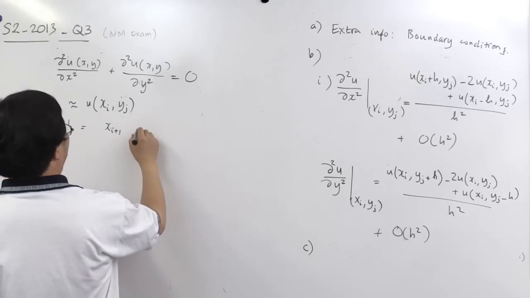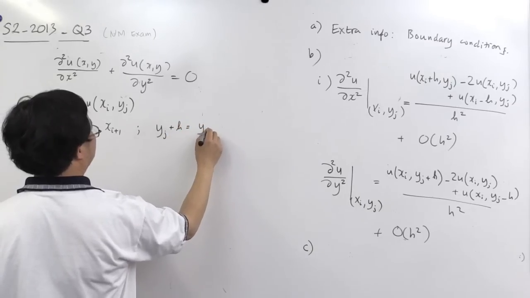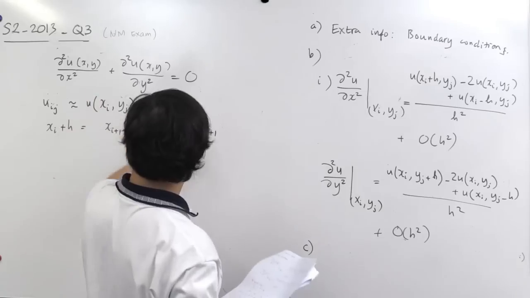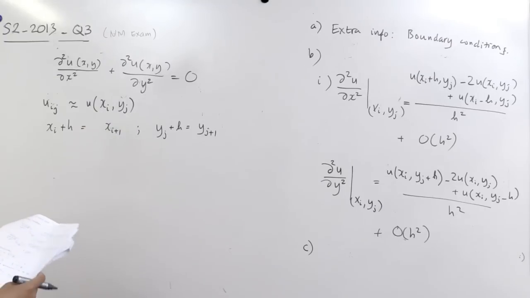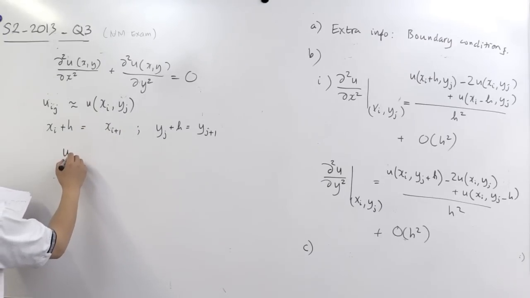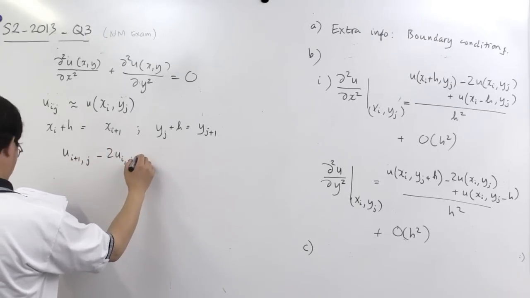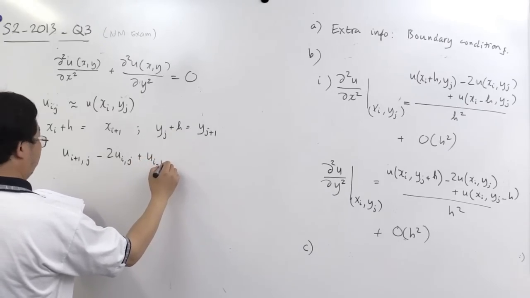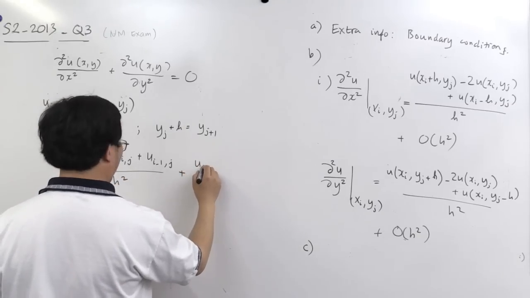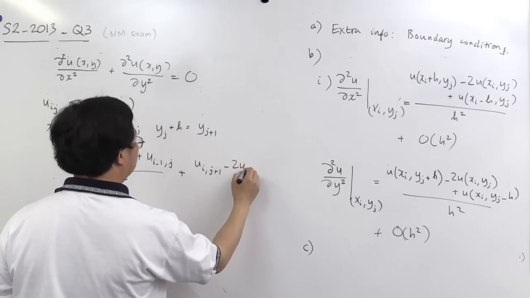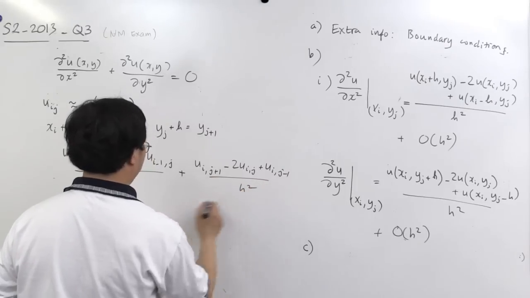Similarly, yj plus h is just yj plus 1. So you combine this information from here and here, you put it into the original PDE, then you get u i plus 1 j minus 2u i j plus u i minus 1 j divided by h squared, plus u i j plus 1 minus 2u i j plus u i j minus 1 divided by h squared, equals 0.